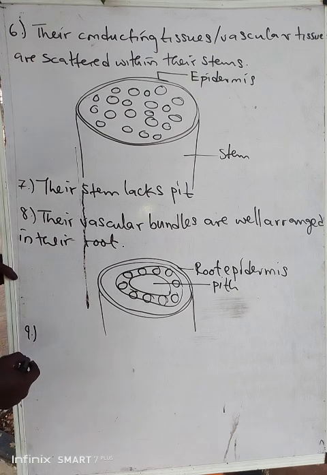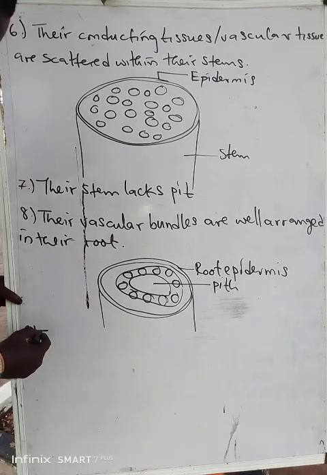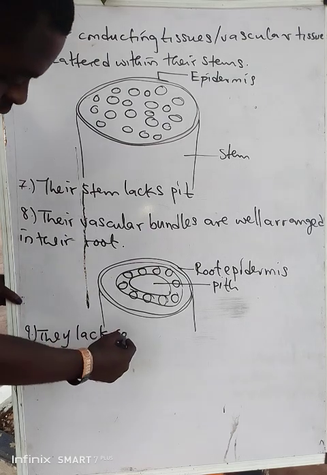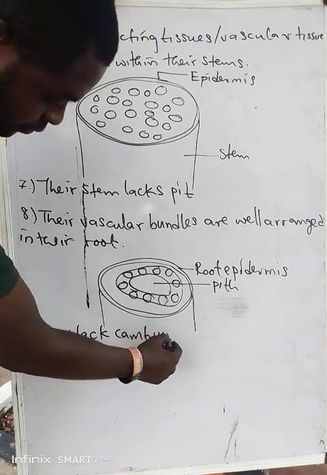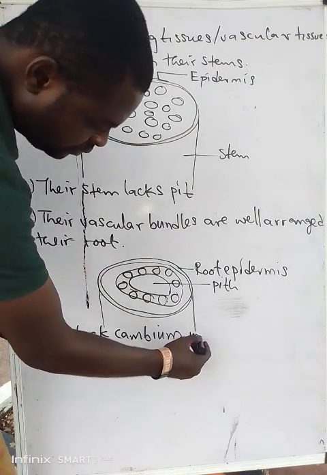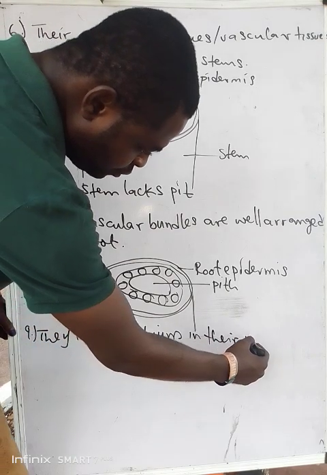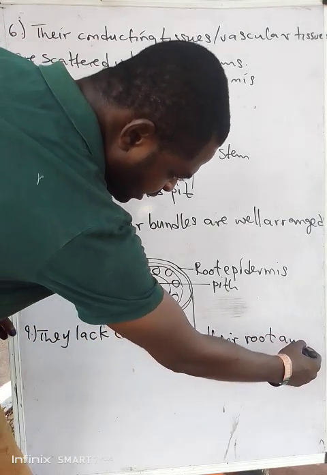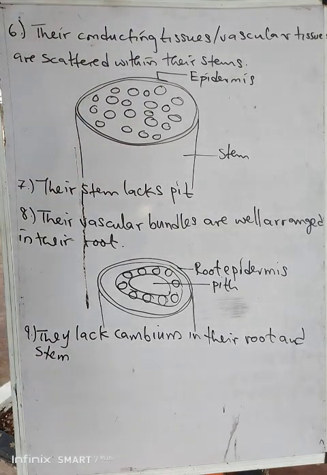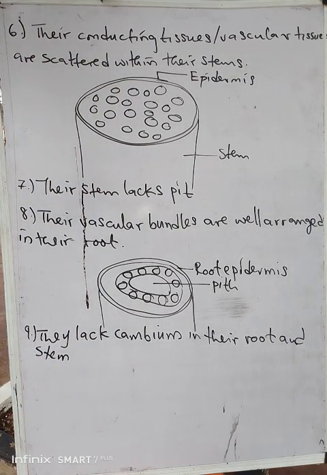Then another thing to know about them is that they lack cambium. They don't have cambium in their roots and stem. Cambium is what would have made them grow fatter. You can see mango. Mango used to grow fatter, dicots used to grow fatter.